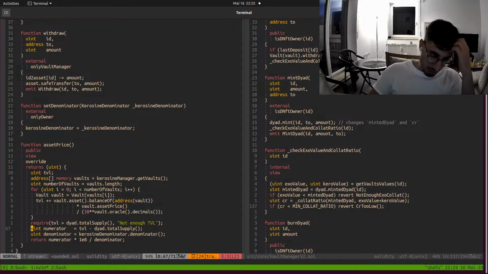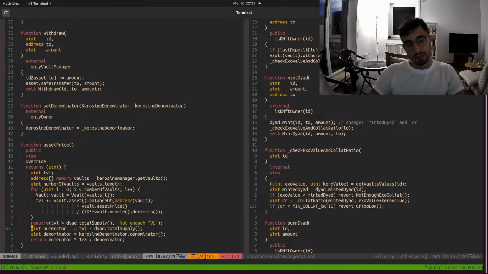How we calculate the numerator is TVL minus DYAD to the supply. TVL is only the TVL in V2, and the idea behind DYAD to the supply would have been to use the DYAD from V1, but we're actually redeploying the DYAD contract.